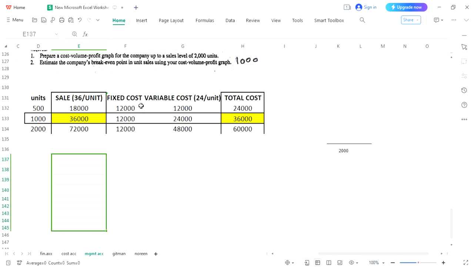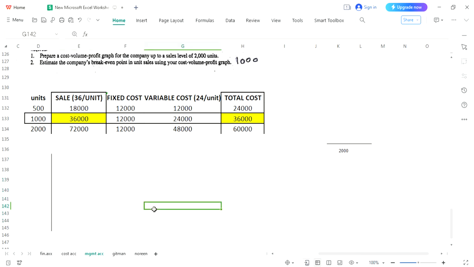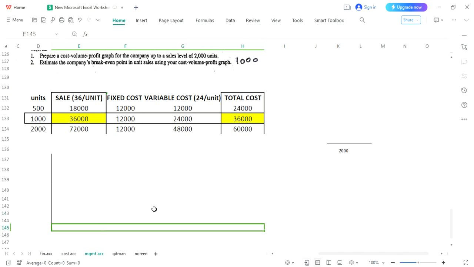We have the y-axis, like this, and on the horizontal side you will have the x-axis.